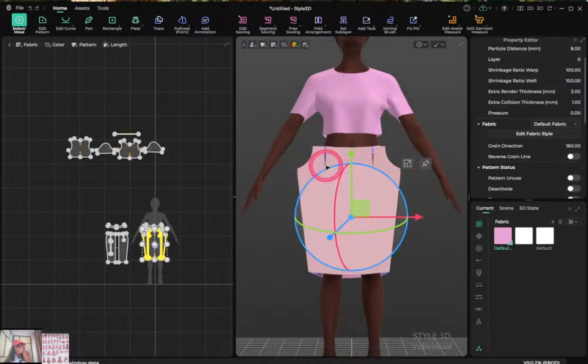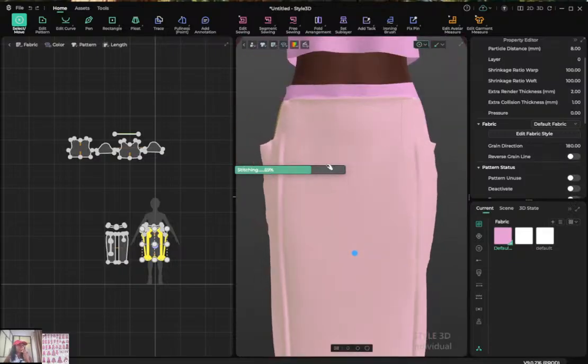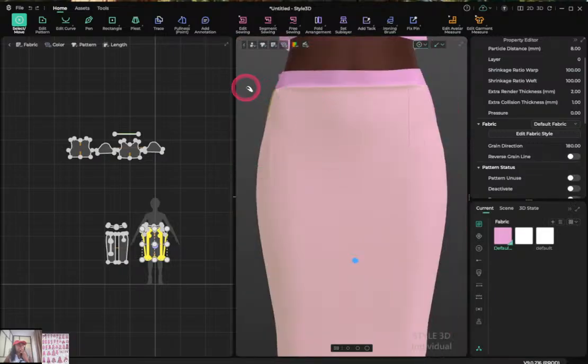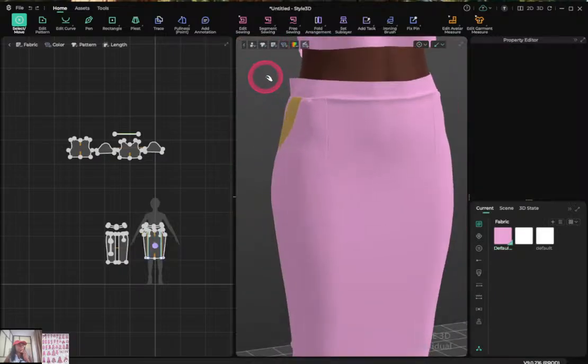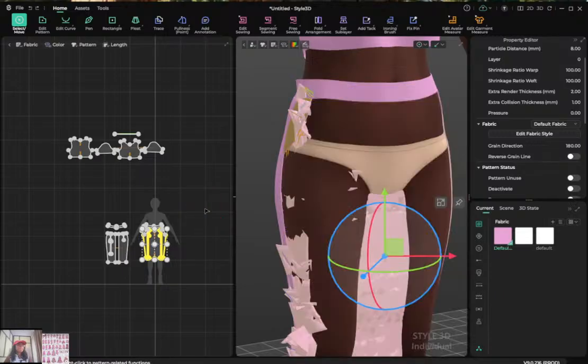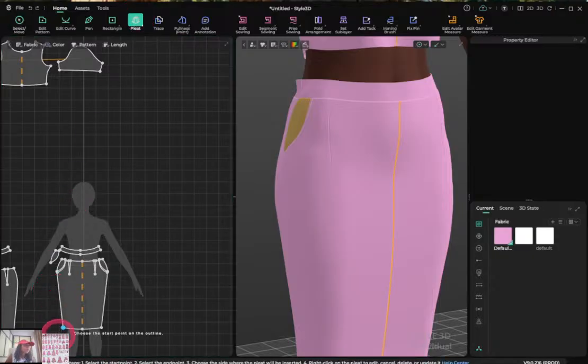So let's simulate and see, because now it has the pleats up. Where are they? These are the pleats. No, no, I have to do that one more time. The pleats should be bigger. So let me go back one more time.